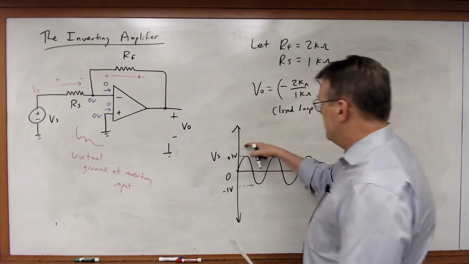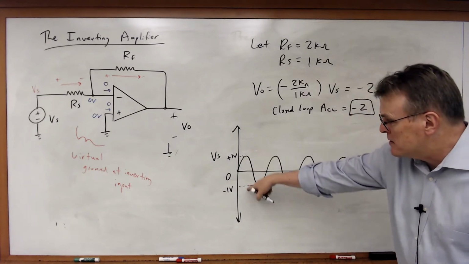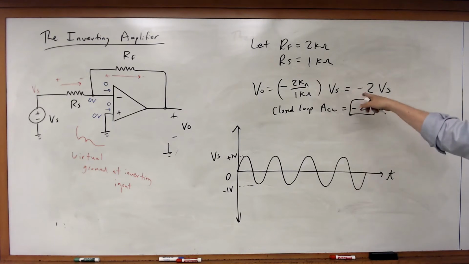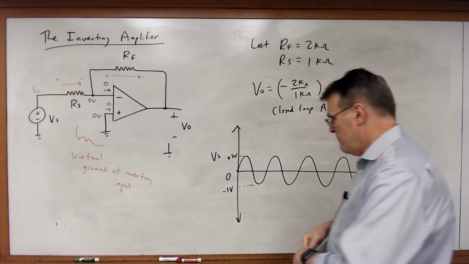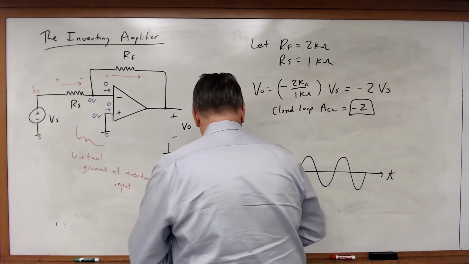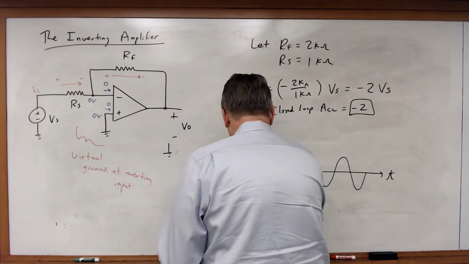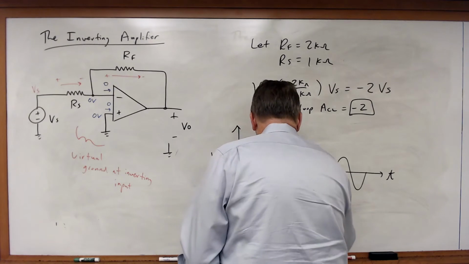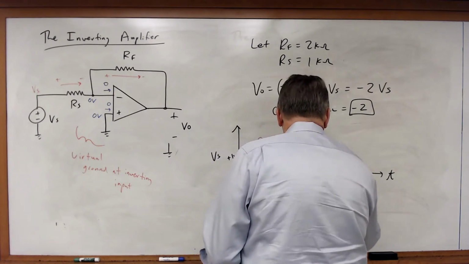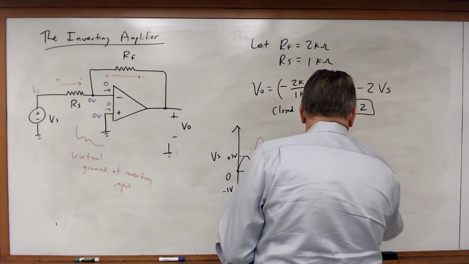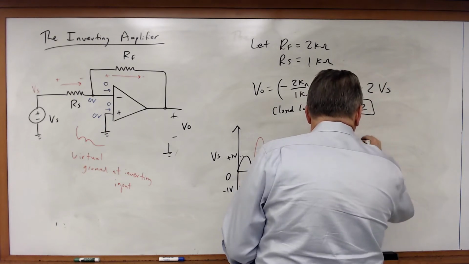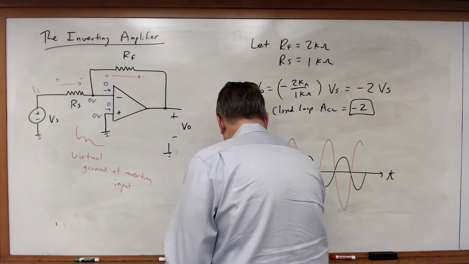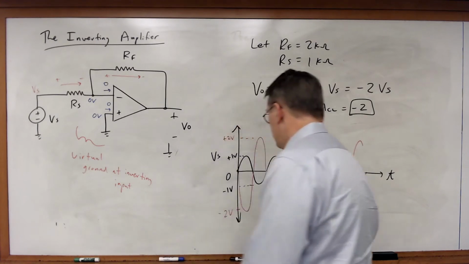So I'll hit the peaks and the valleys at plus and minus 1 volt. What's my output going to look like? Well, it's equal to minus 2, so VO is going to look like this. It's going to have a maximum value of plus 2 volts, a minimum value of minus 2 volts.